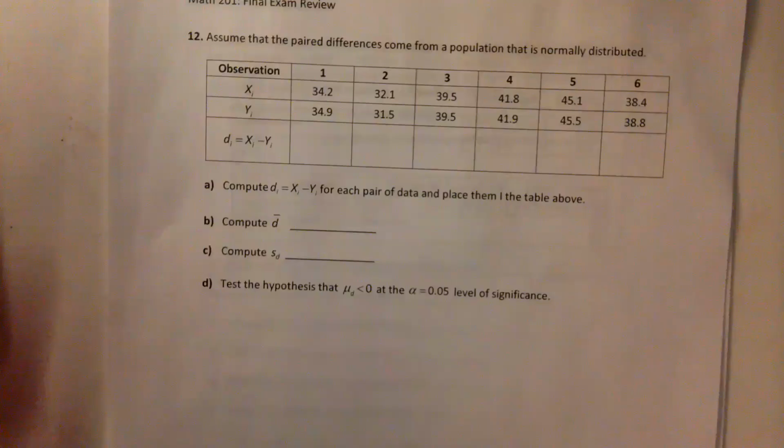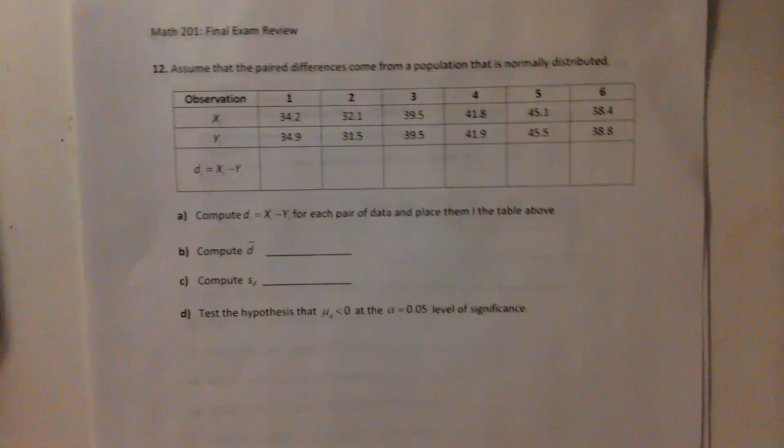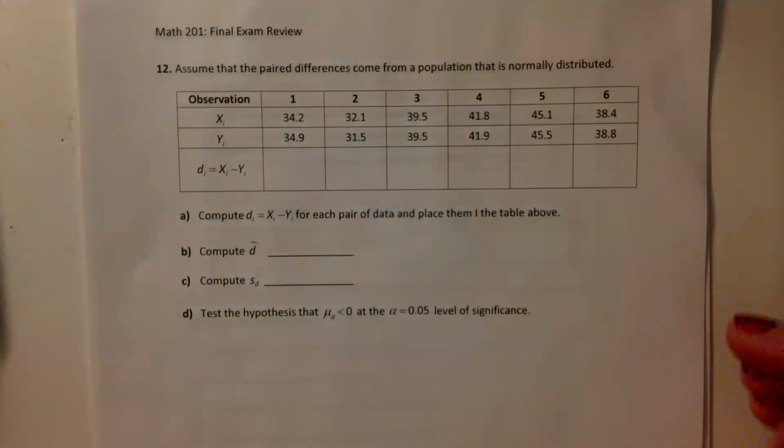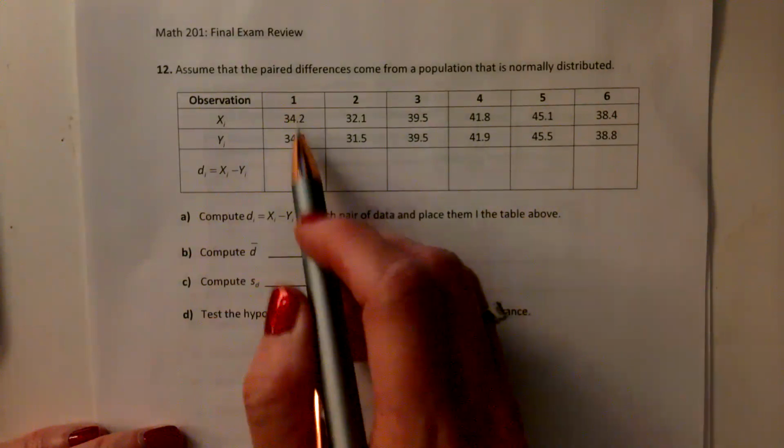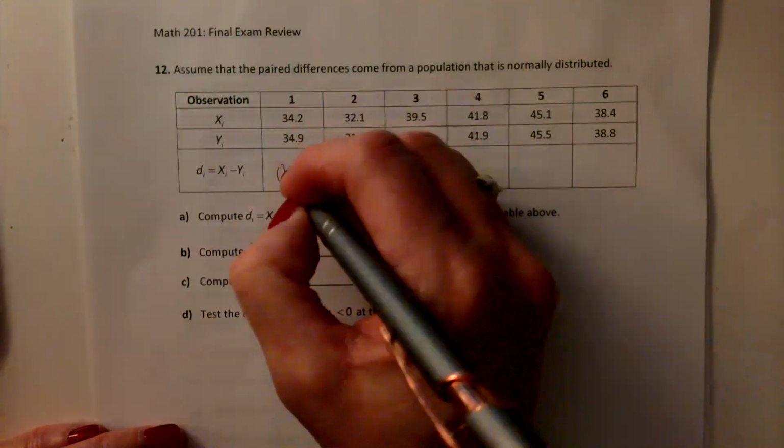Okay, the last one for this video is going to be number 12. It looks like another matched pair, similar to question number 9. It says, assume that the paired differences come from a population that is normally distributed. We don't really have any story behind this one. It's just more of practice. It's asking us to take the differences of the x's minus the y's. So this would be negative 0.7.